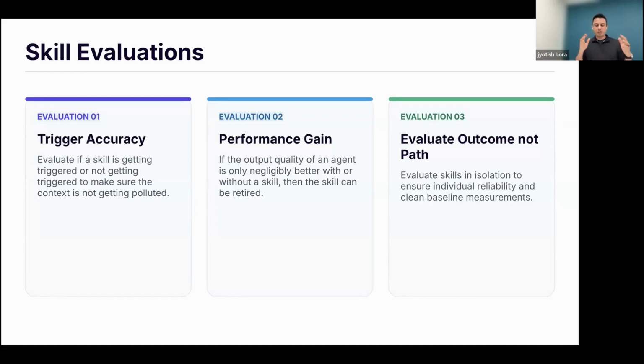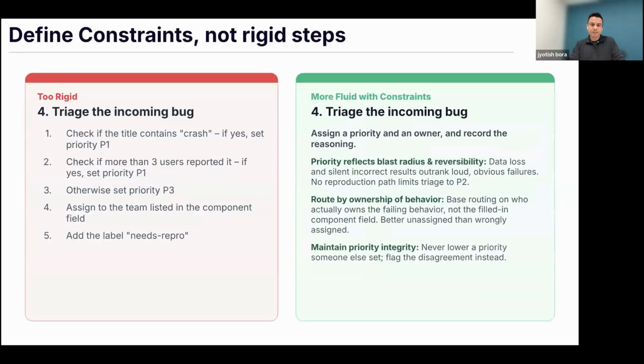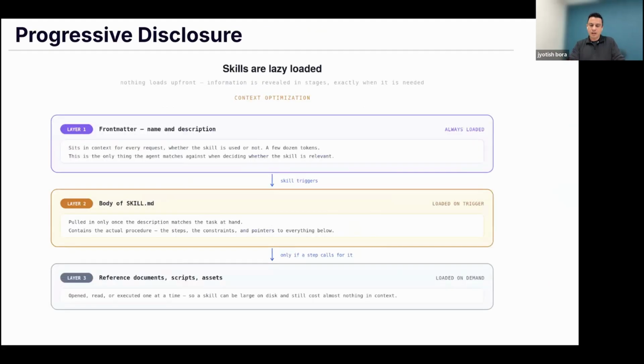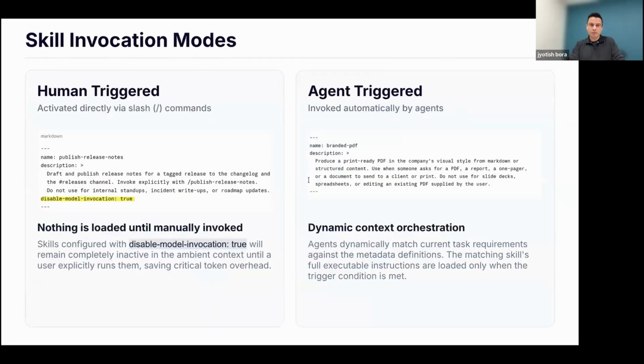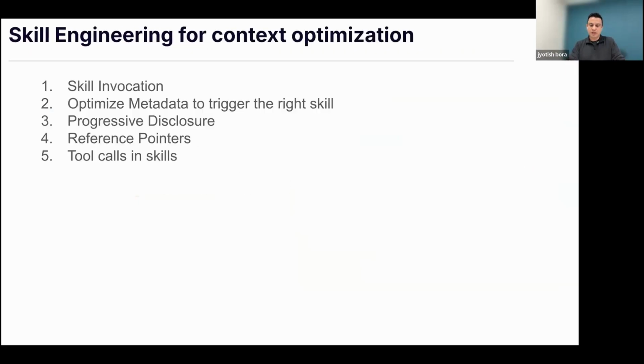So you always need to go and revise the skills as you go along, because it's very easy to create something. A lot of people are modifying it, a lot of people are adding information, and at the end of the day, the agent is not useful any longer. At that point, you're just confusing the agent. Okay, that's all I had for today for skills.